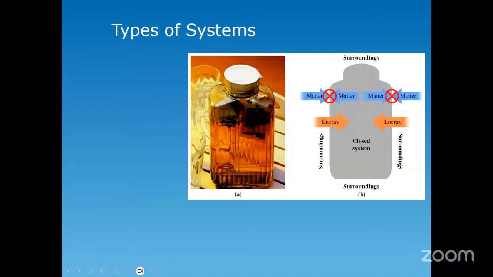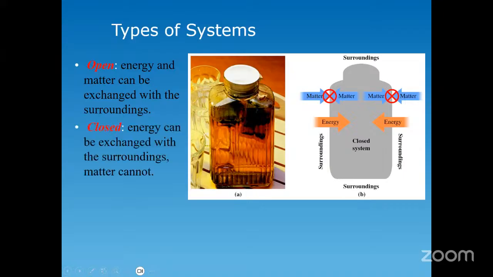So when it comes to types of systems, there are three types, right? You can have what is known as an open system, where there will be an exchange of energy and matter between the system and the surroundings, right? So we say that's an open system. And then in the case of a closed system, you can have the exchange of energy between the system and the surroundings, but there won't be any exchange of matter between the system and surroundings, right?